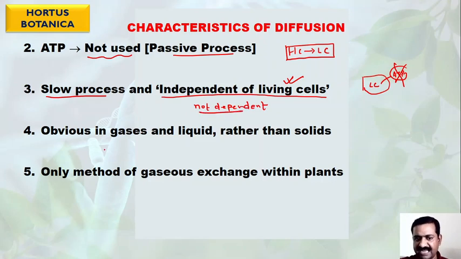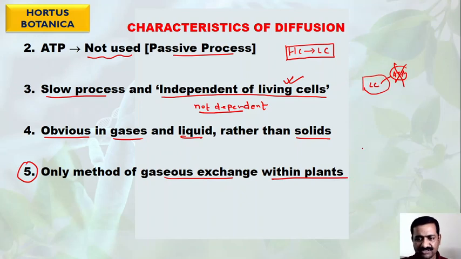Same language is there. Now, as I told you, this is very clear and obvious in gas and liquid, than in solid, very common and very important line. This is the only method of gaseous exchange in plants.